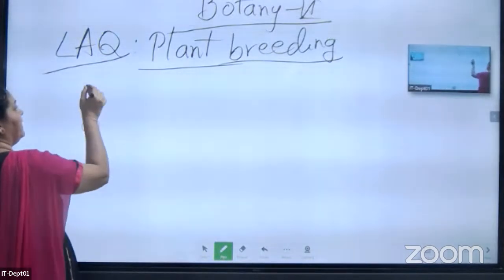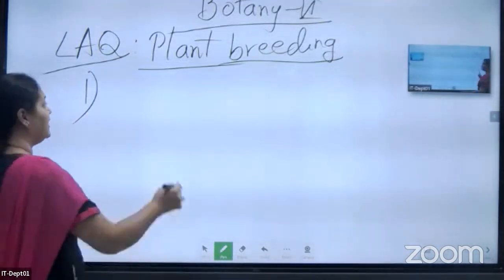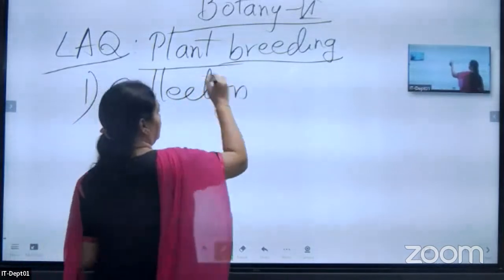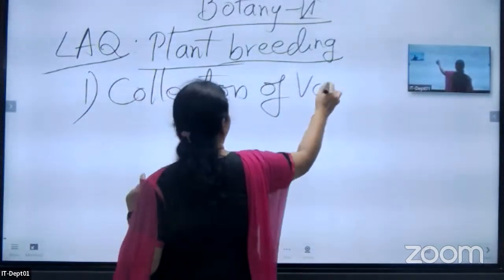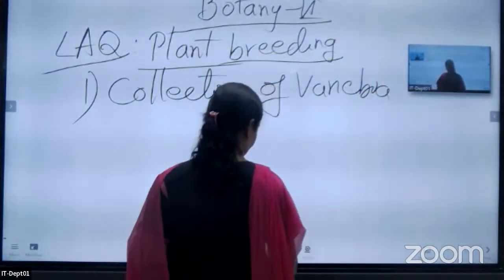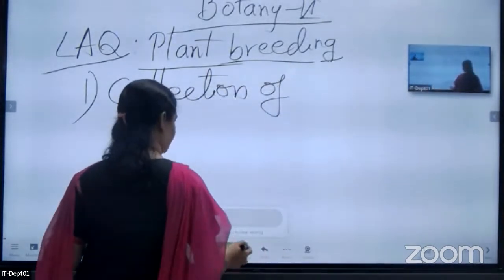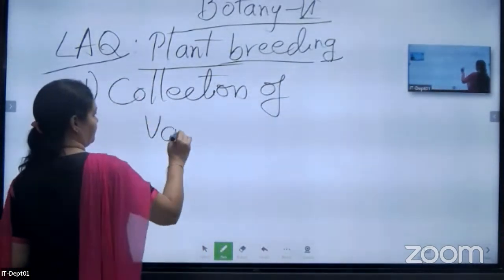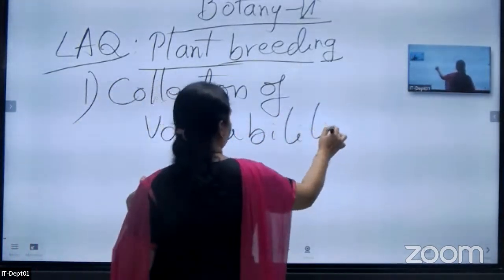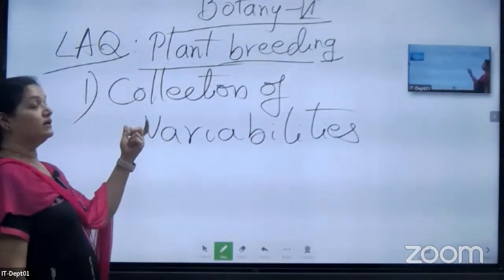In plant breeding, we follow different steps. The very first step is collection of variabilities. What is meant by variability?